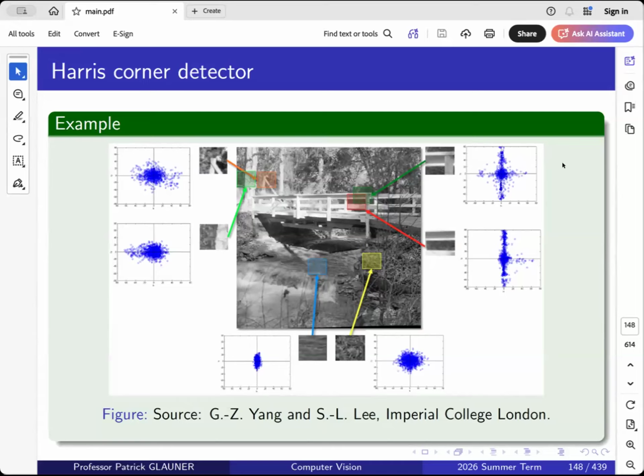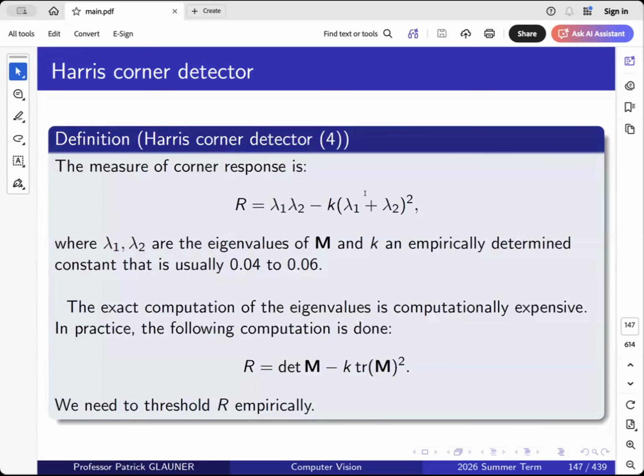That's the distinction to find corners. If they are both small, it's probably just some bush, some water here, really no proper shape. If one eigenvalue is large, you typically have a straight line in there. But if both eigenvalues are large, you most likely have found a corner. So that's why we need to calculate the eigenvalues.